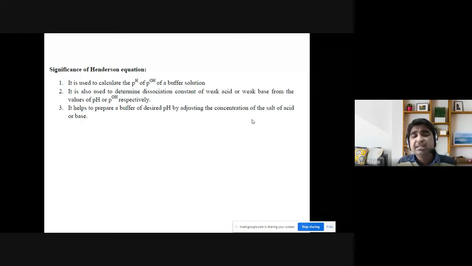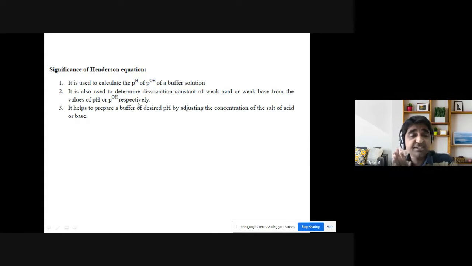Now at this last point, we will see what is the significance of the Henderson equation, or what are the applications of the Henderson equation, why it is so important. The first application of this Henderson equation is to calculate pH or pOH of buffer solution.